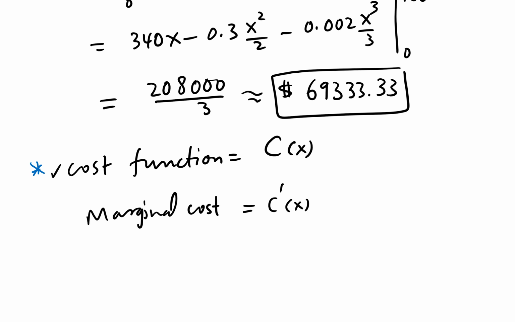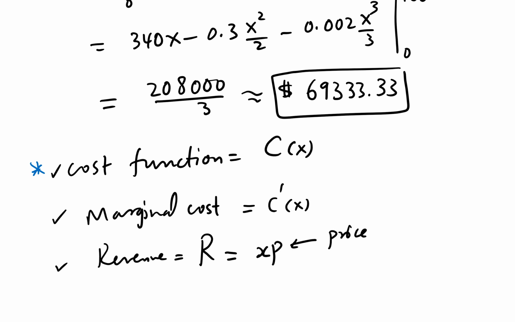And then we have the revenue. Revenue, we use capital R for that, is X times P. P is the price. X is the number of items.